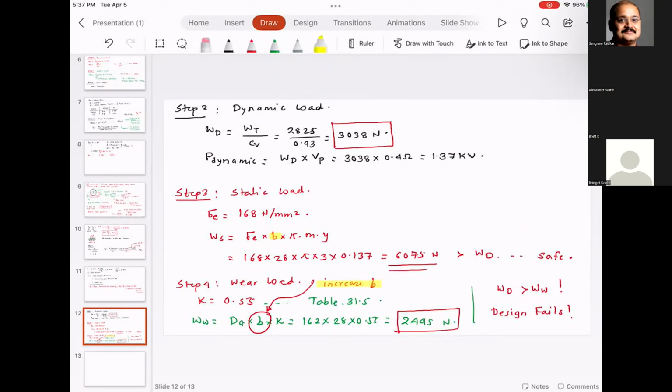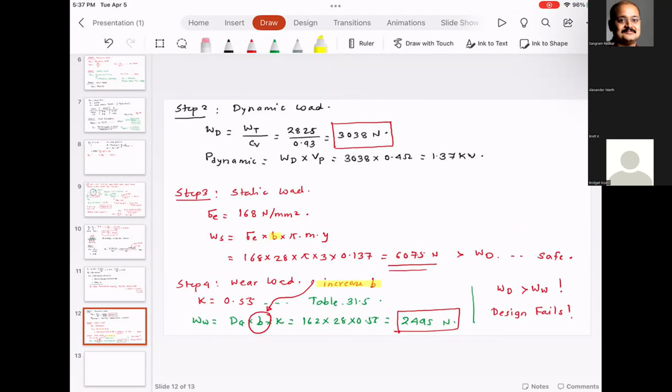Everyone understood this? At this point, the design is failing. We cannot change the diameter of the gear. Why can't we change the diameter? Because the center distance is fixed. The K factor depends upon the materials, which you cannot change.